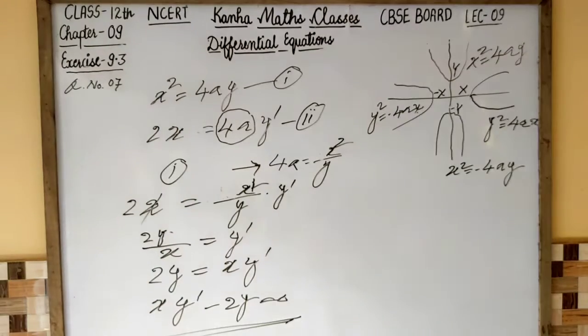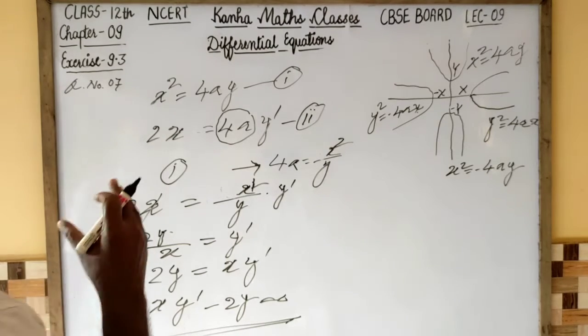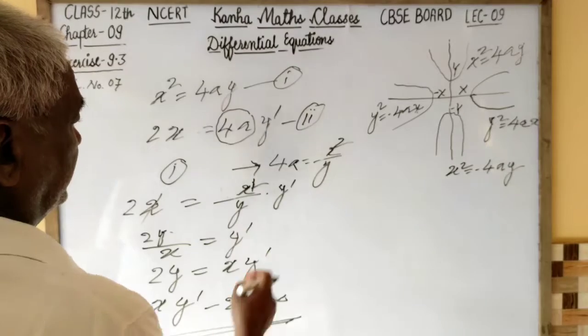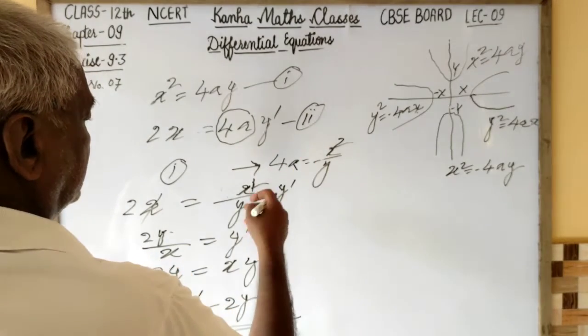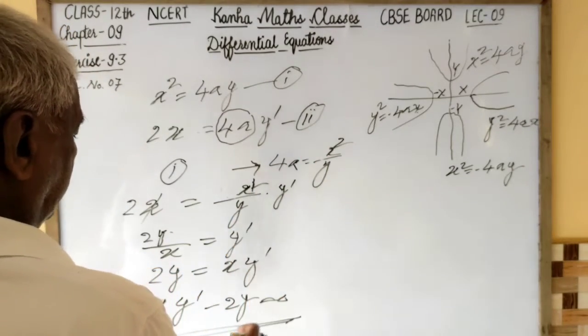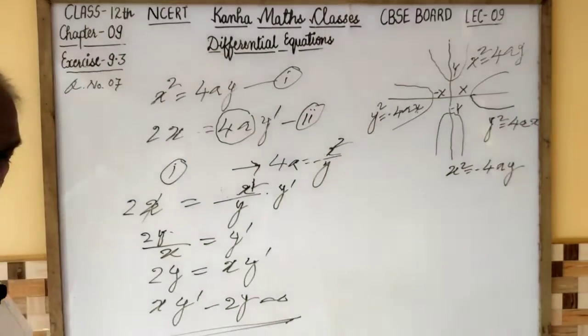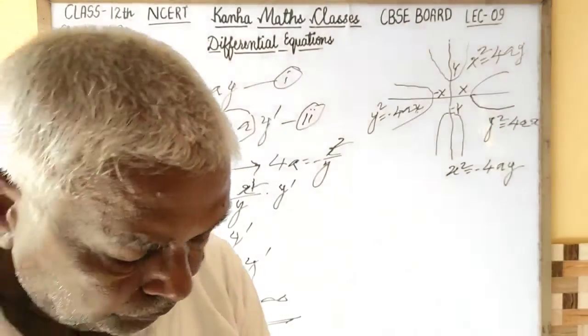This will be the differential equation of the first order only, because we have eliminated the only one arbitrary constant a, that is 4a by x square upon y, and hence this will be the requisite differential equation.